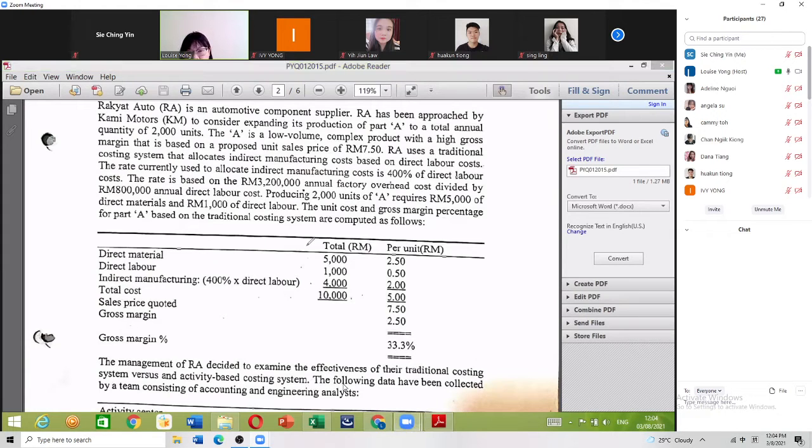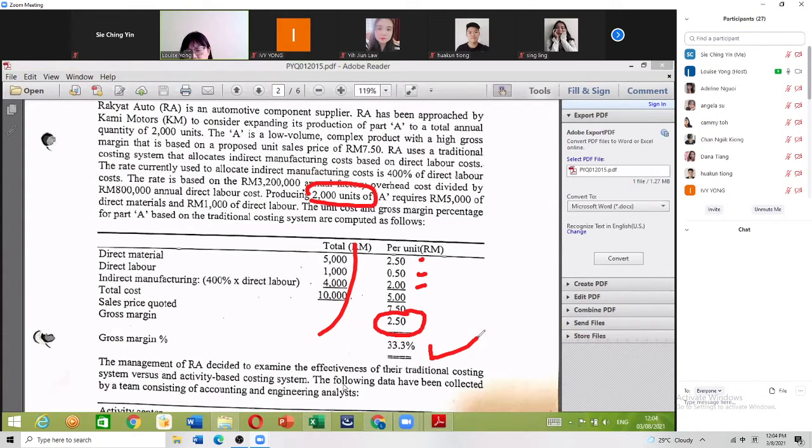If you want to calculate the cost per unit, because it produces 2,000 units, you divide by 2,000, then you get the cost per unit. So total cost $5, selling price $7.50, so your gross margin will be $2.50.